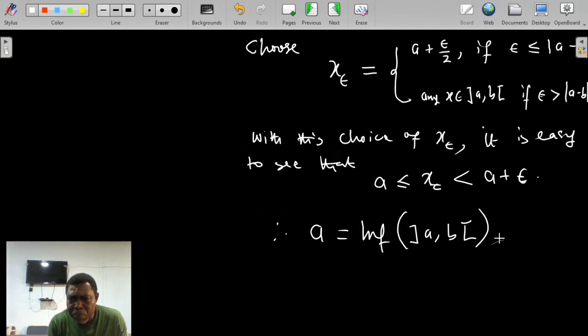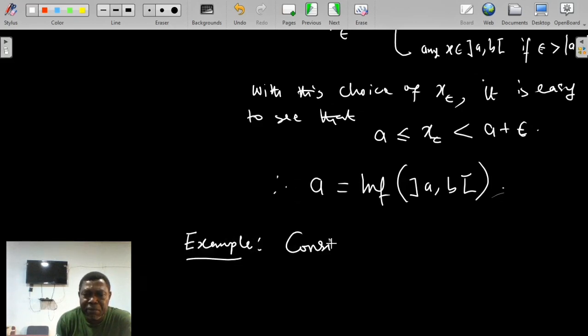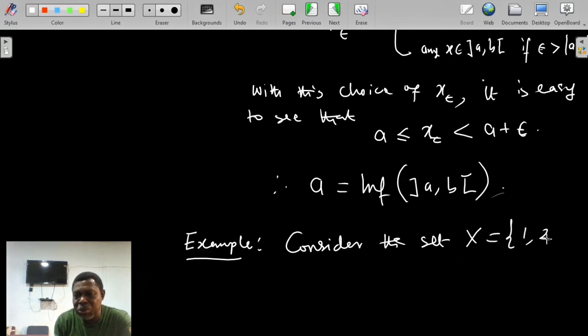Let me give one more example before I stop. I'll give an easy one. Example. Consider the set X equals 1, 2, 3. Let us take the set 1, 2, 3.